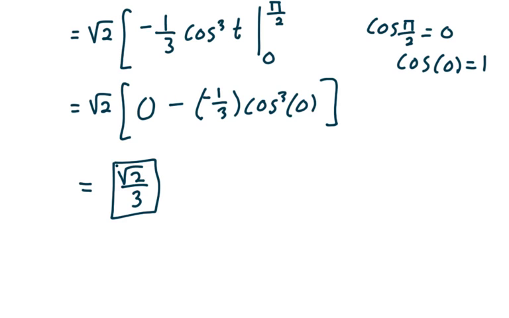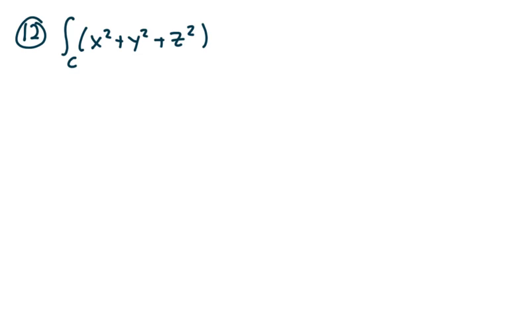If we take a look at another one, so I'm going to take a look at number 12. Suppose I had the integral over c of x squared plus y squared plus z squared ds.